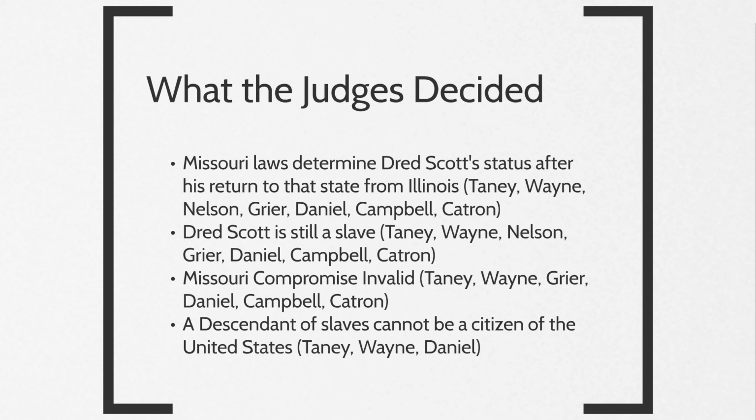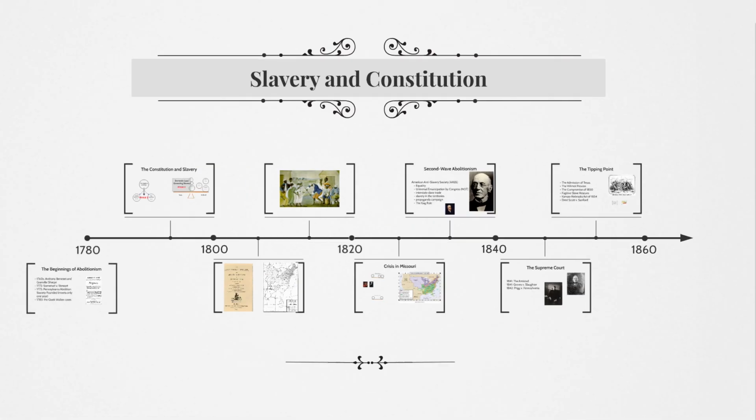So this final holding, which is notorious and makes Dred Scott still a notorious decision, was not held by a majority of the court. Dred Scott, which comes in 1857, would turn out to be the kind of final straw. After this, there simply is no way to reconcile Northern and Southern views on slavery and the Constitution.